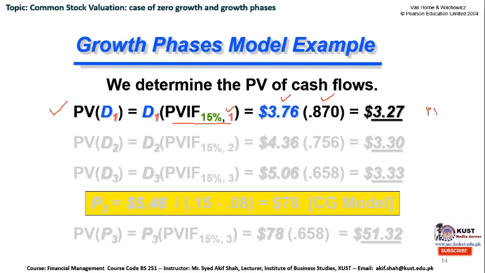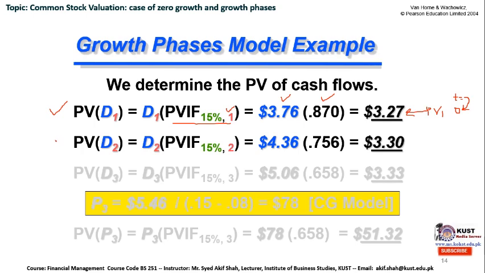This is our first present value, and we have discounted it back towards time 0. T is equal to 0, and we are discounting each value towards time 0 in order to find today's intrinsic value.